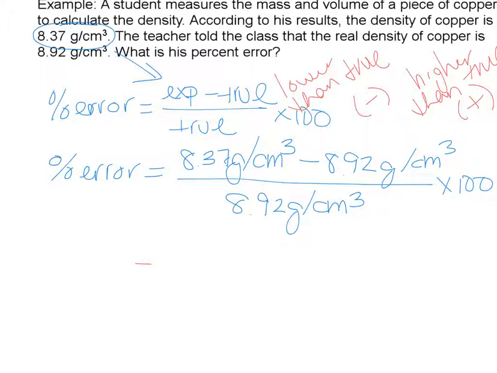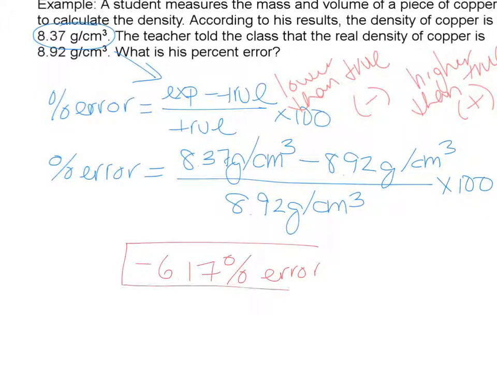So if I look at all of my numbers, I get 3 sig figs right here, 3 sig figs right here, 3 sig figs right here, so by default I get 3 sig figs in my answer, so it's negative 6.17 percent error. And that is my answer. Ta-da! We win! All right, so that's how you find percent error.